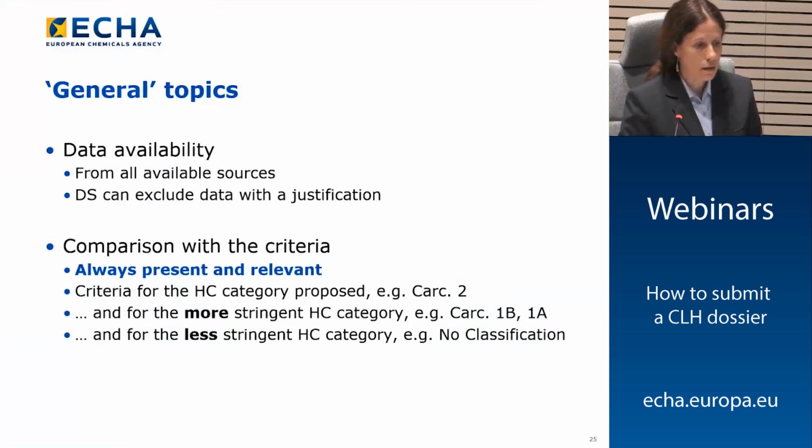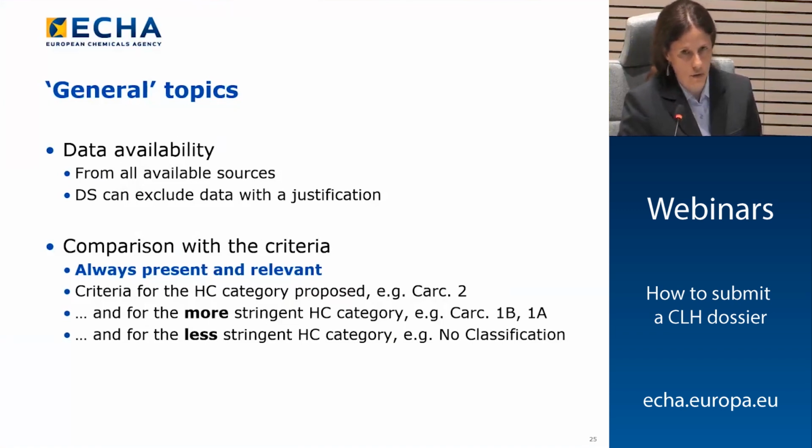Comparison with the criteria is always relevant and present, the only exceptions being, for example, some physical hazard classes that are not relevant if, for example, you have a solid substance and a liquid.